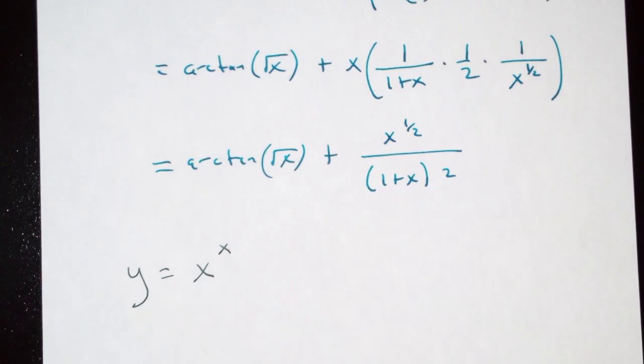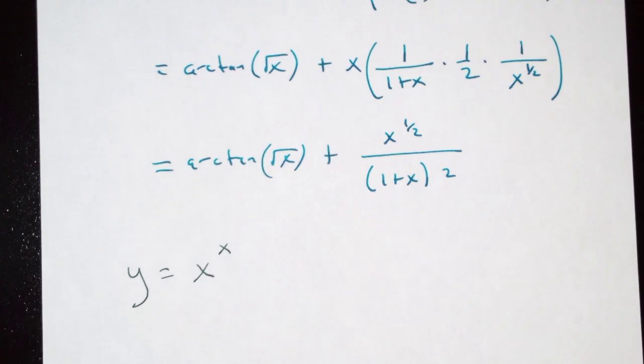One of our rules for dealing with logarithms allowed me to move exponents to become multiplication. Just like once we learned how to do implicit derivatives, we were able to do these ideas. Now that I have the derivative for a logarithm, I can use logarithms to make my life easier.